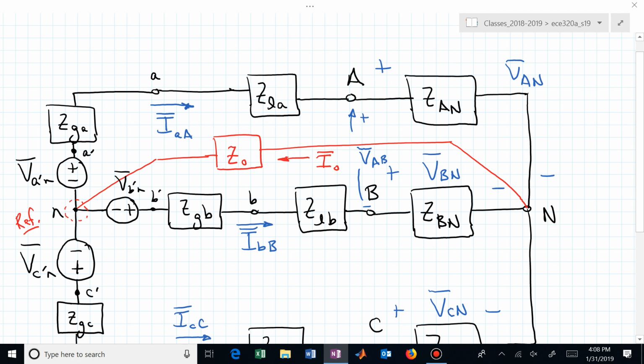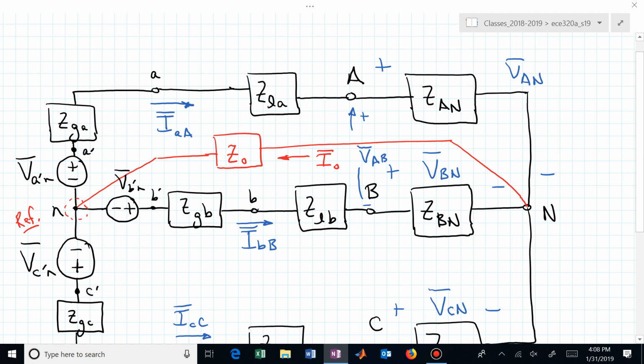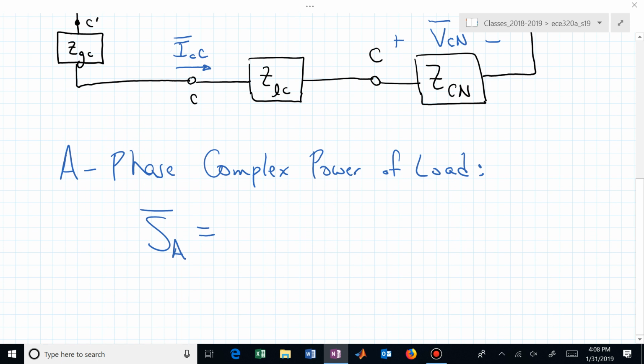Is it clear what we're trying to compute? We want the complex power of the A phase. You know the complex power expression, that's VI star. For this particular case, it's V sub AN. That's the voltage across the A phase impedance times the conjugate of I sub A, little a, capital A.